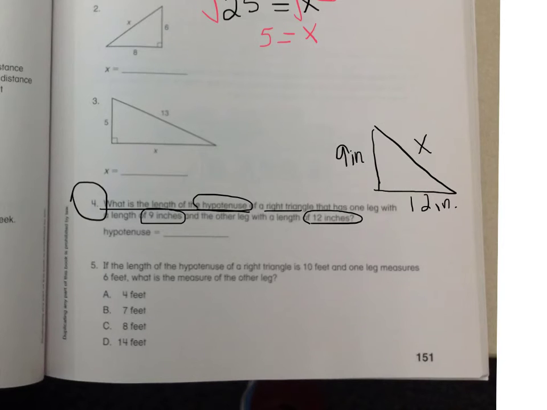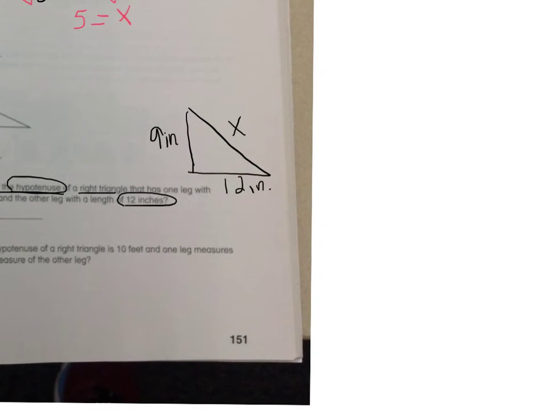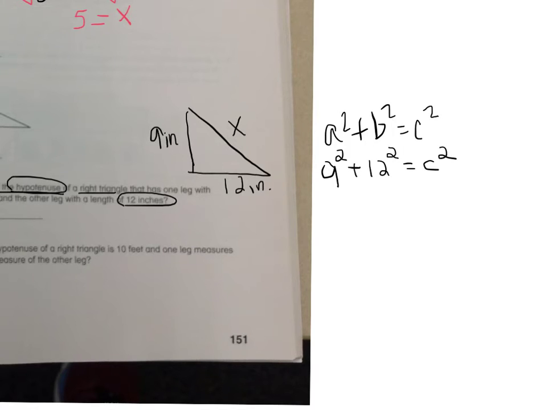Now I'm going to go ahead and solve for x. I'm going to use the Pythagorean theorem, a squared plus b squared equals c squared. 9 squared plus 12 squared equals c squared. 81 plus 144 equals c squared.